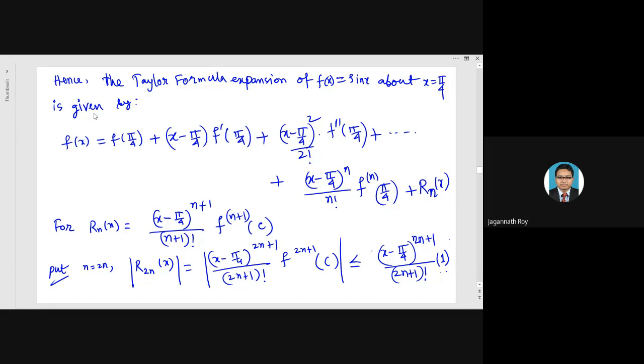Now if you allow n tends to infinity, what will happen? This term will go to 0, right? Because for a fixed x, with π/4 fixed, this term is fixed, and if you allow n tends to infinity, the denominator will increase and the whole fraction will become 0.